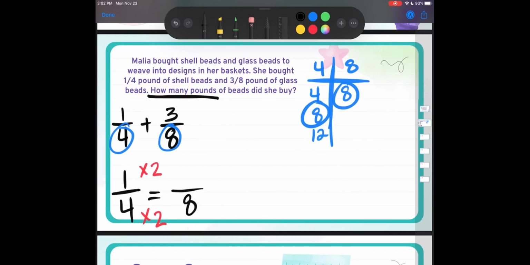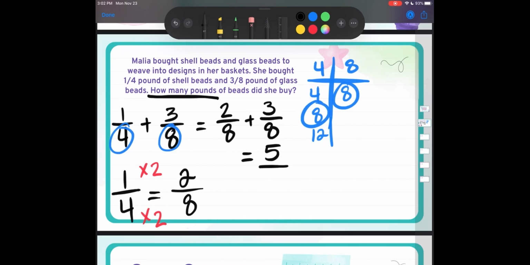I have to do the same thing to my numerator to get my new numerator. 1 times 2 is 2, so my 1/4 becomes 2/8. Now my problem has become 2/8 plus 3/8. We didn't have to convert 3/8 because it was already in 8ths.